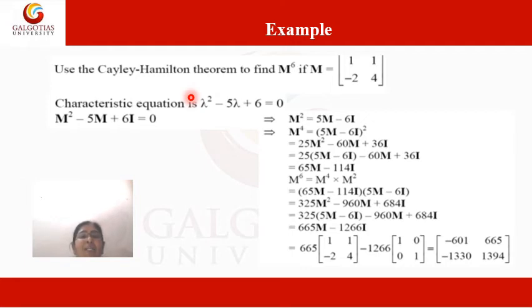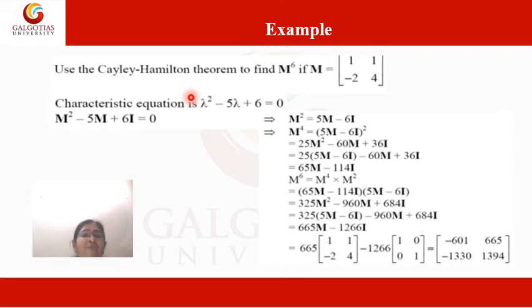On solving this, I will get lambda^2 - 5 lambda + 6 = 0. Then I will replace lambda with M, so I get M^2 - 5M + 6I = 0.